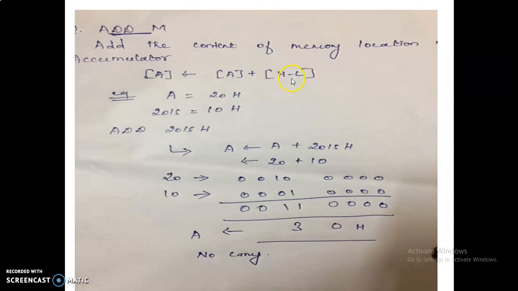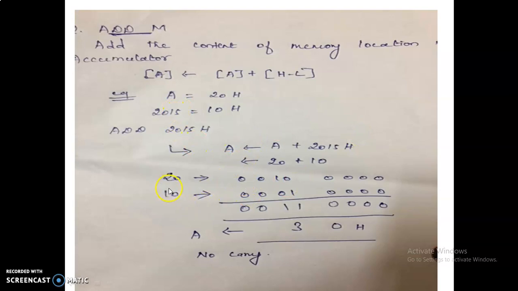The HL pair holds the memory location. On that memory location a value is stored, that value is added with the content of the accumulator and the result is stored in the accumulator. Here the value of the accumulator is 20, the memory location 2051 has the value 10. So these two values are added and the result is stored in the accumulator.